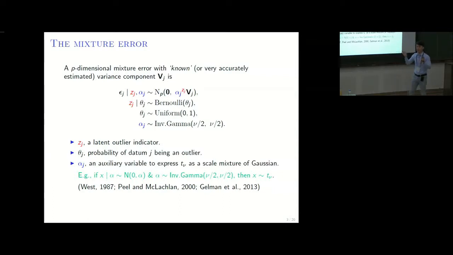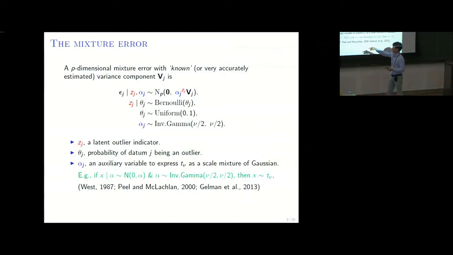Vj is your measurement variance, the known measurement variance. zj is a latent outlier indicator that becomes 1 if the model considers this datum an outlier, or 0 otherwise. And theta j is the probability of datum j being an outlier.